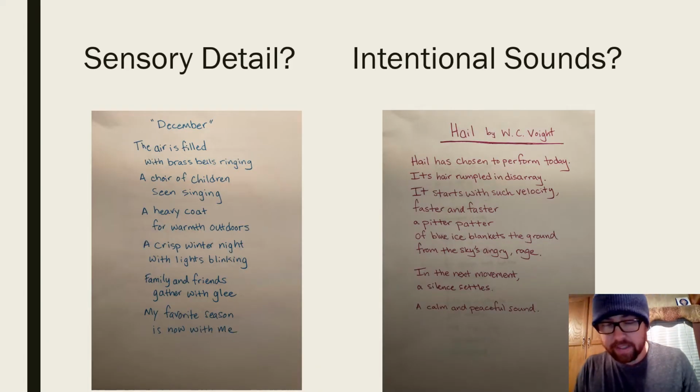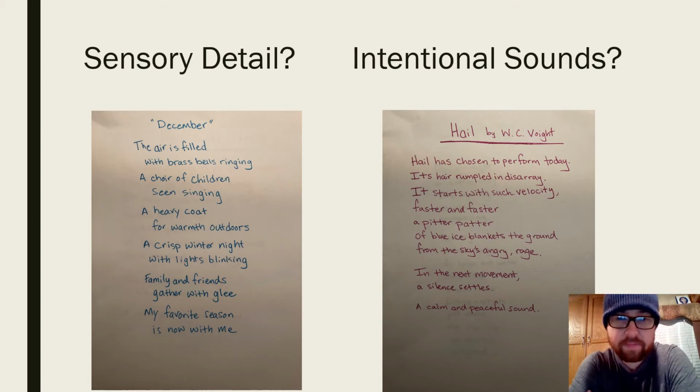So I'm going to show you an example of the things we're looking for as examples from my own work this week. From my poem December, sensory details, right? Sight, sound, touch, hearing. I'm looking for some of those things. So I feel like for touch, we could talk about a heavy coat for warmth outdoors.